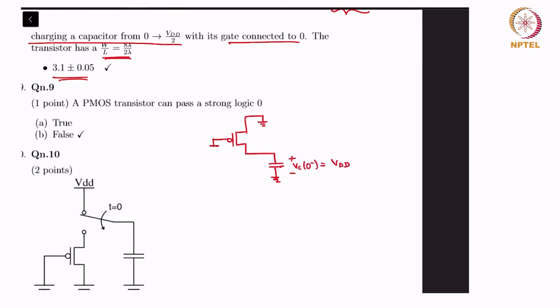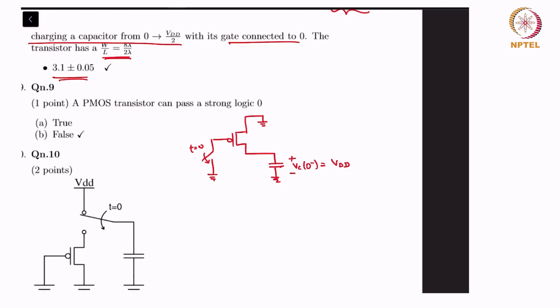The question is, if I were to close this connection at t equal to 0, going to ground, would this capacitor discharge completely to ground in some reasonable amount of time? The answer, of course, is no.